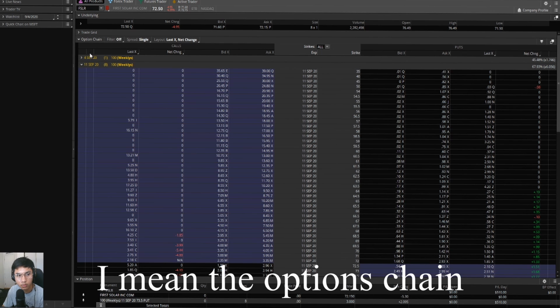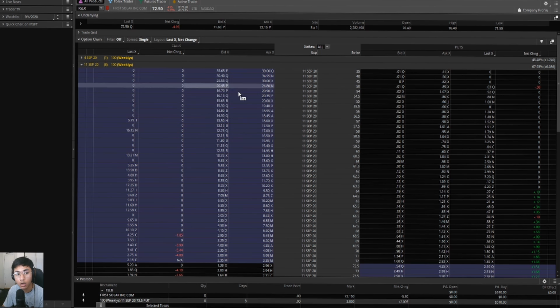So the importance of stock options is to make sure you pick the right contract. Here I see value in which contract I should buy.